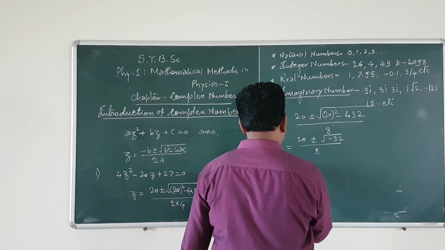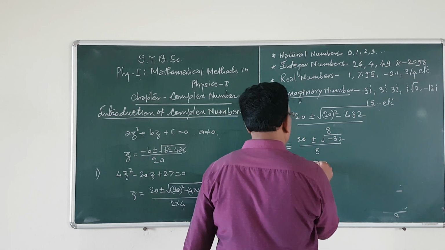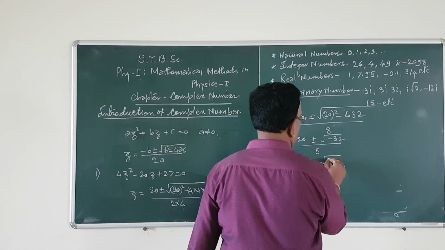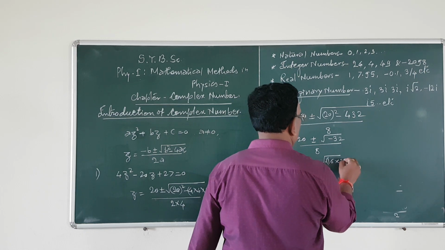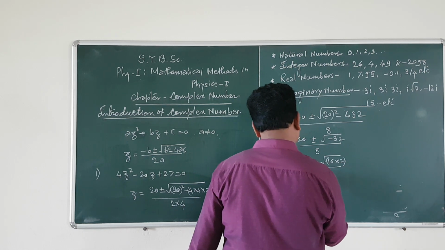After solving this term, we will get 20 plus minus under root 16 into 2 upon 8.